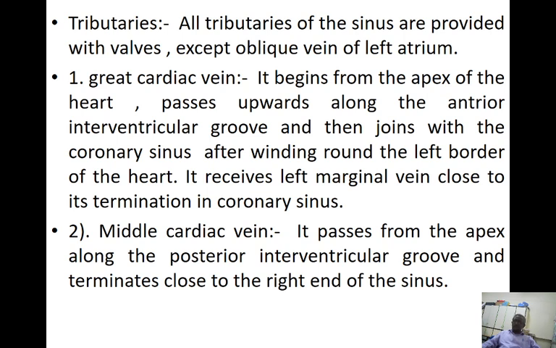Great cardiac vein. It begins from the apex of the heart, passes upwards along the anterior interventricular groove, and then joins the coronary sinus after winding round the left border of the heart. It receives the left marginal vein close to its termination in the coronary sinus.